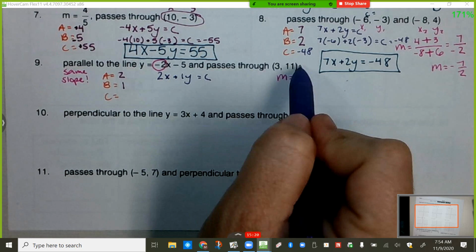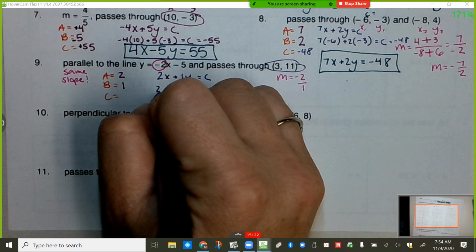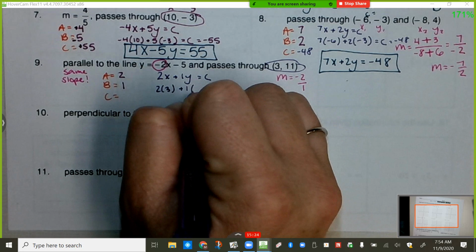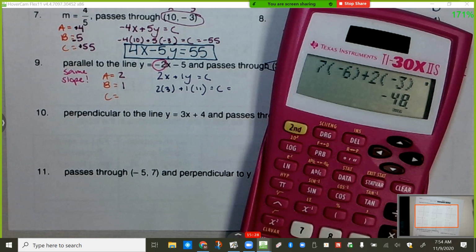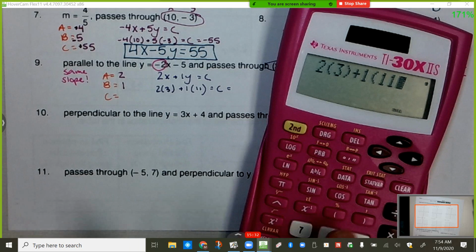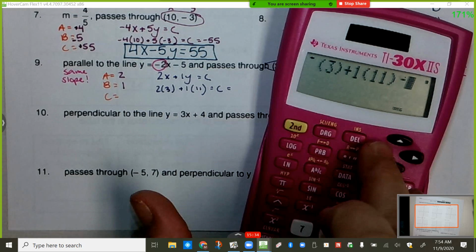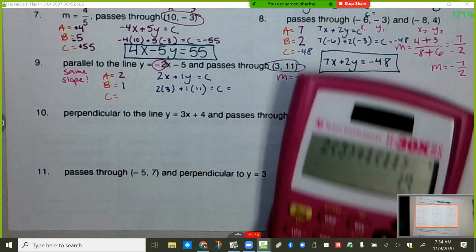And we have this point we can plug in. So 2 times 3 plus 1 times 11 equals my c. 2 times 3 plus 1 times 11 is 17.